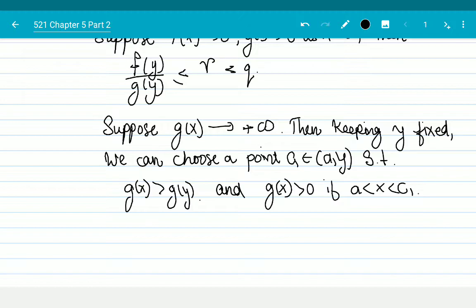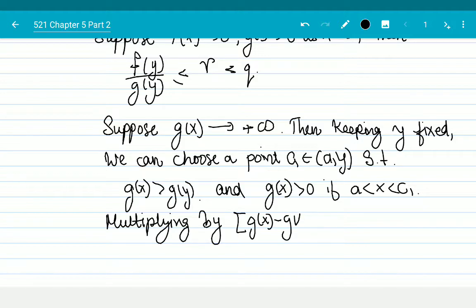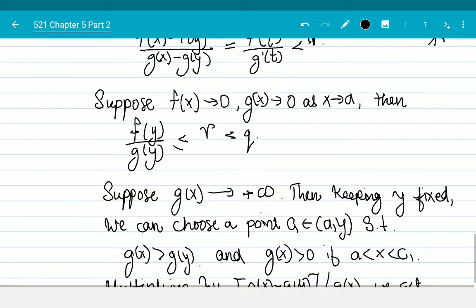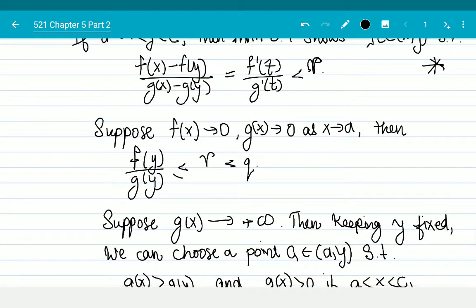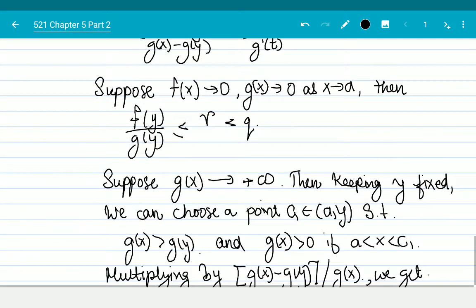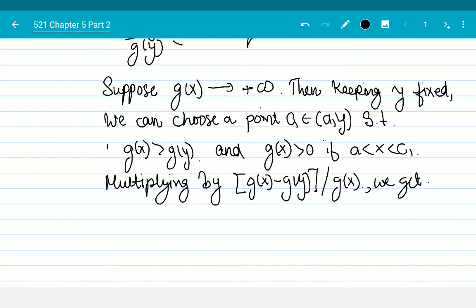Okay? Then multiplying by g of x minus g of y, and then dividing by g of x, we get f of x minus f of y over g of x, right? So I'm going to rearrange things.